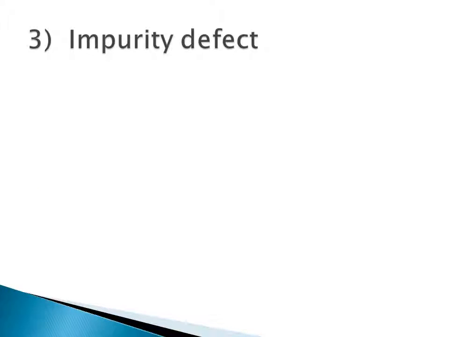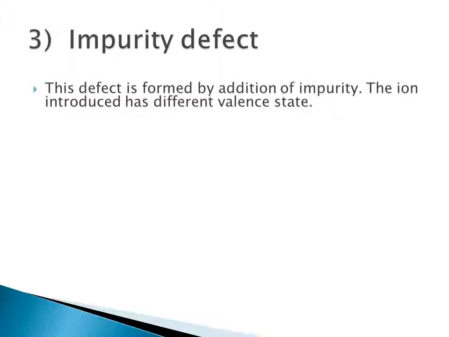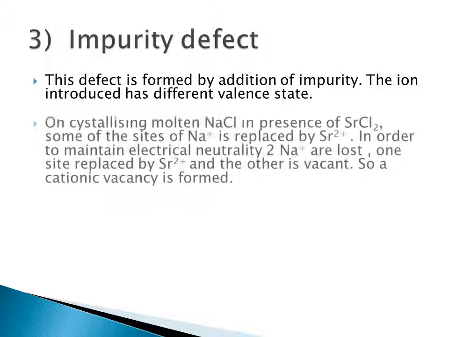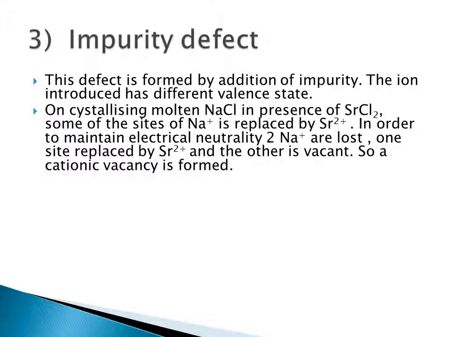The third defect found in crystals is impurity defect. This defect is formed by adding an ion of different valency. Let us take an example. If molten NaCl is crystallized with strontium chloride, then some of the sites are occupied by Sr2+ instead of Na+.